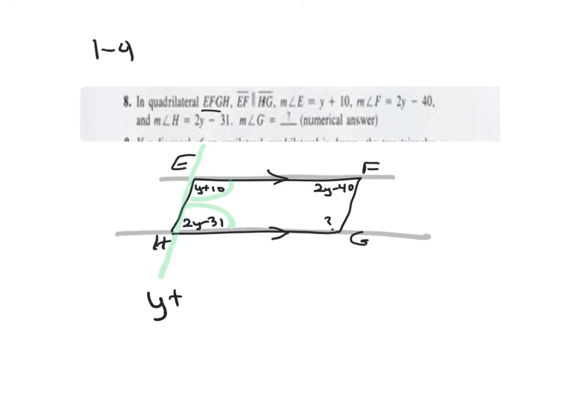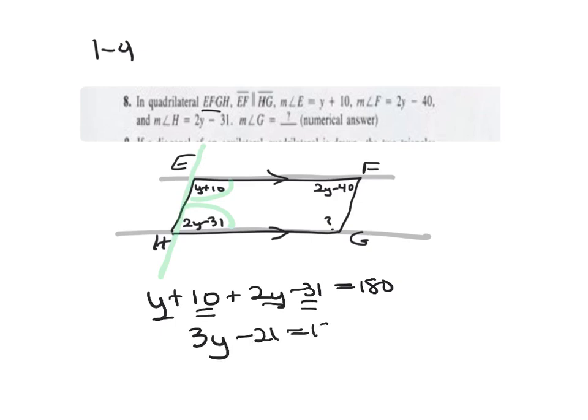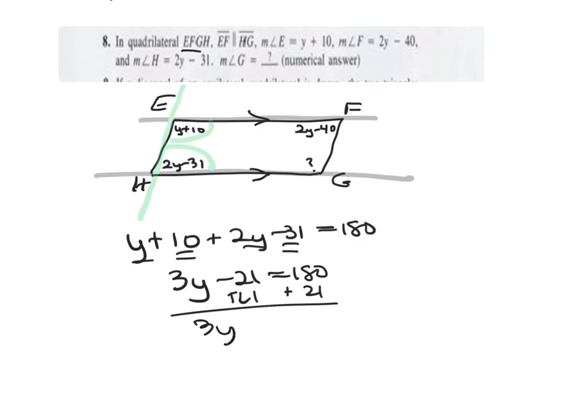So I'm going to go ahead and add y plus 10 plus 3y minus 31, set it equal to 180, combine my y's, combine my constants, move the 21, 3y equals 201, divide by 3, and y equals 67.